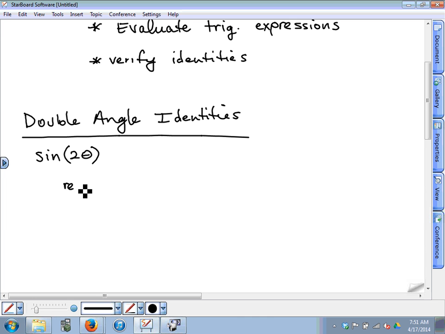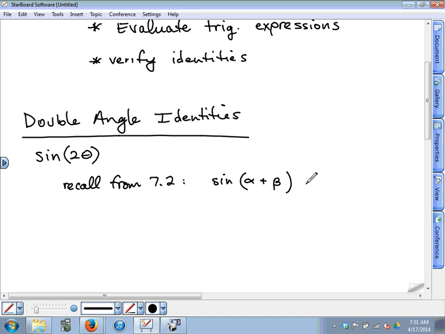Write this down just to help you recall. Recall from 7.2: what was the sine of alpha plus beta? That's what we learned about last time. Sine of alpha plus beta.